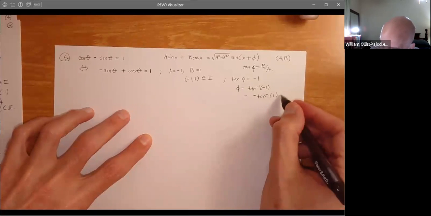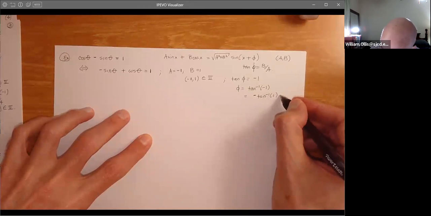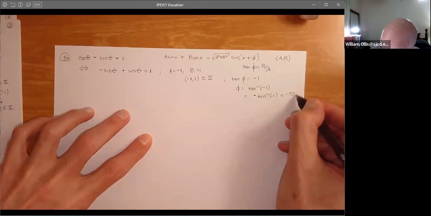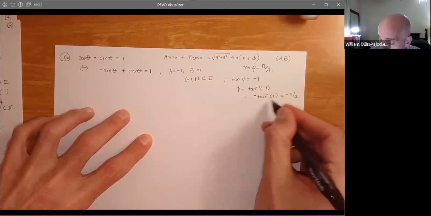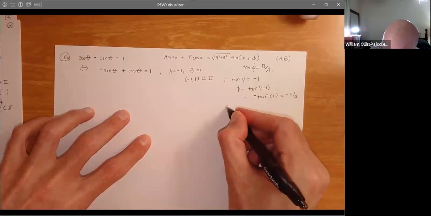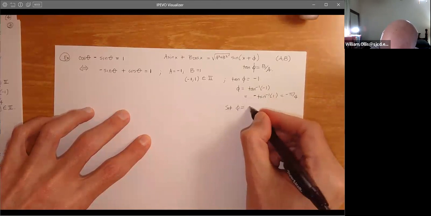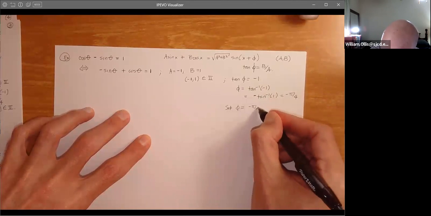So what we need to do is add pi, because we know this is negative pi over 4. This equals negative pi over 4. Even if we didn't know, we would know exactly that it's in the fourth quadrant. So we set phi equal to negative pi over 4.